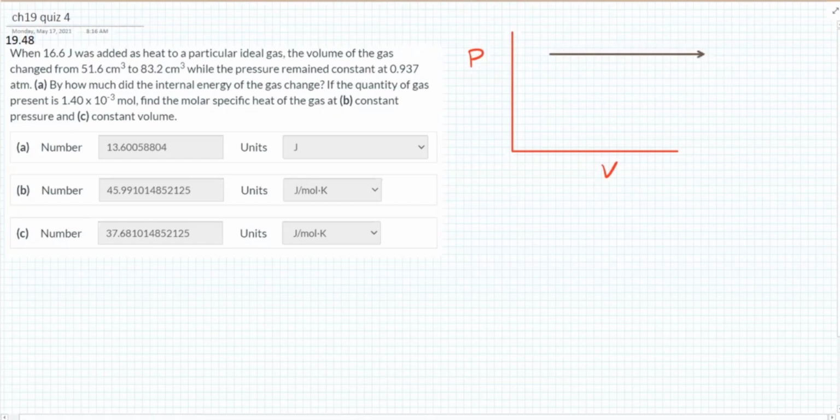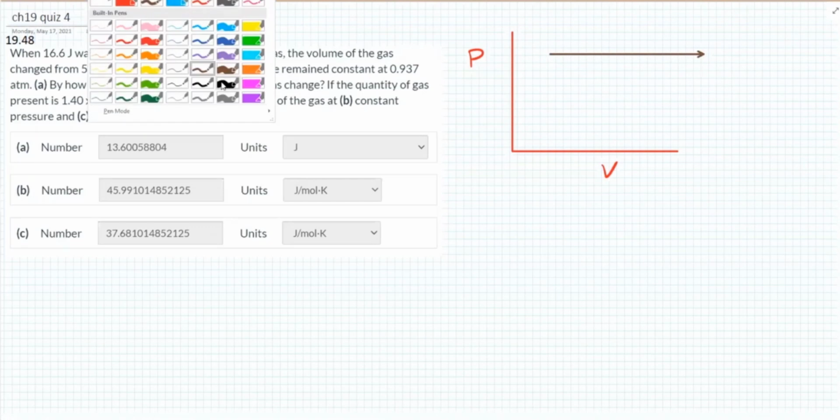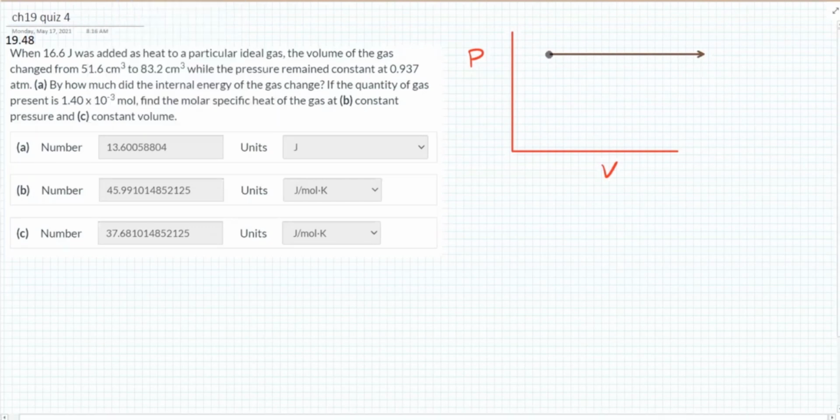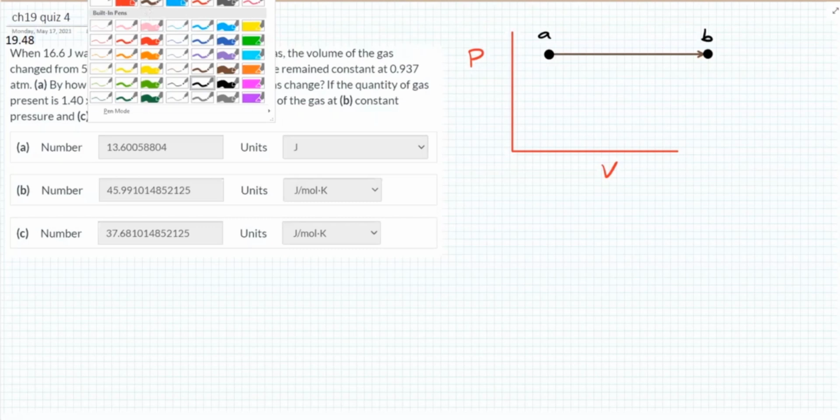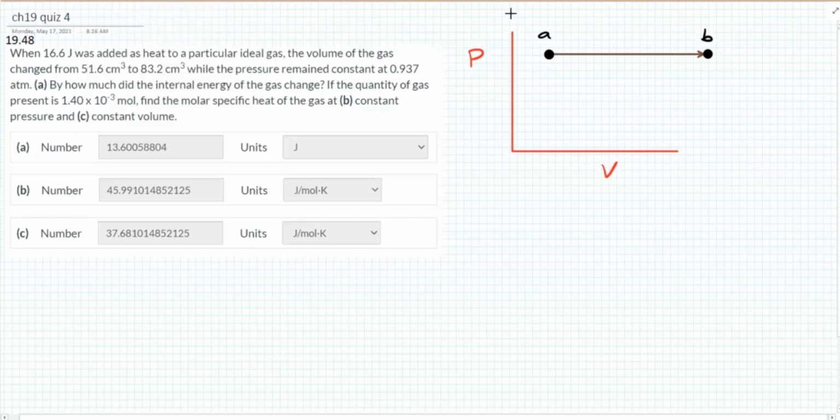Isobaric, I'm starting at some thermodynamic state A, and I'm ending up at some thermodynamic state B. Isobaric. And the only way you can hold pressure constant and increase volume is if you do add heat. So always ask that chain reaction of questions.